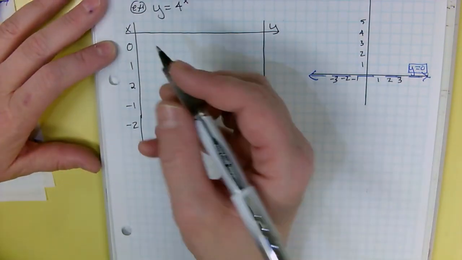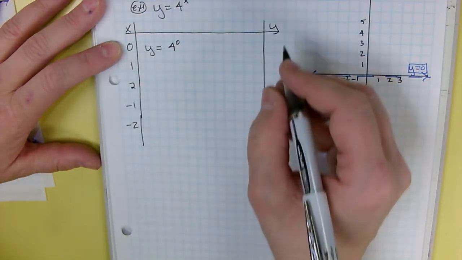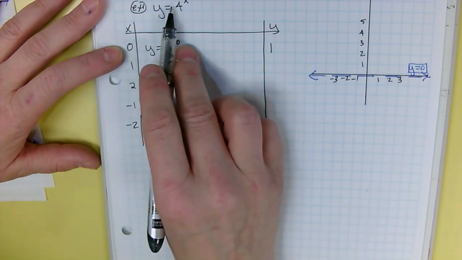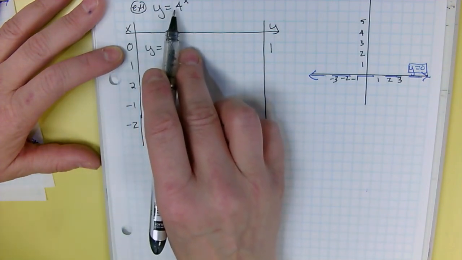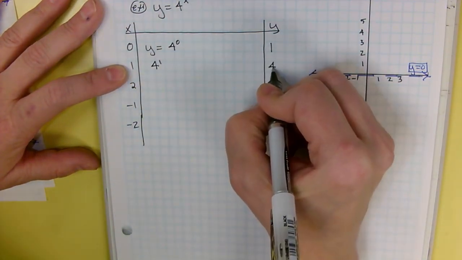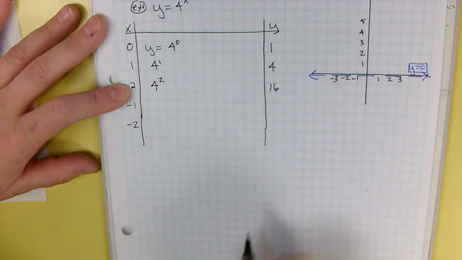Okay, so if x is 0, y equals 4 to the 0, and anything to the 0 is 1. So our initial value is 1, which makes sense because there wasn't a number in front of that 4. Now 1. 4 to the 1 is 4. Now 2. 4 squared is 16.